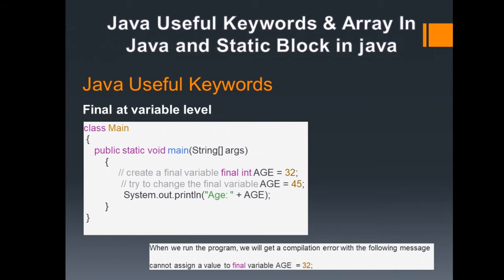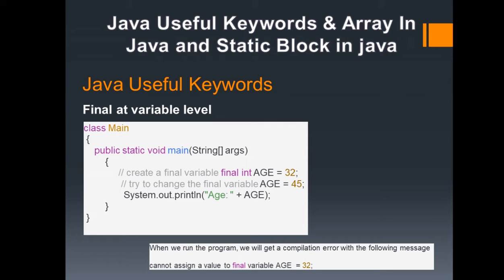Here is the program that shows the use of final at variable level. Here we have a main class, which has a main method, and we have an int type age variable having the value 32, declared with the final keyword.